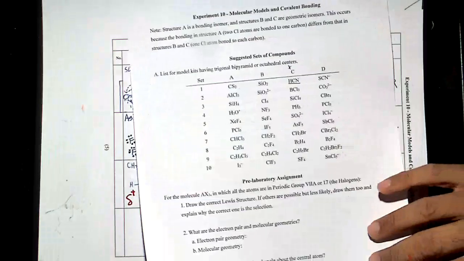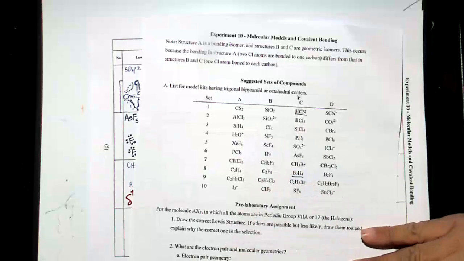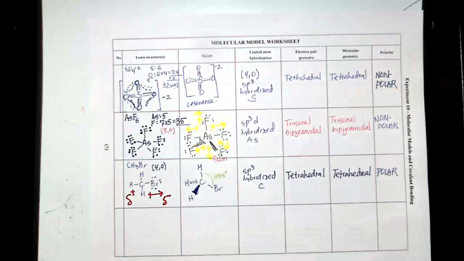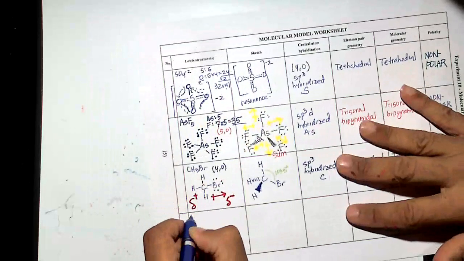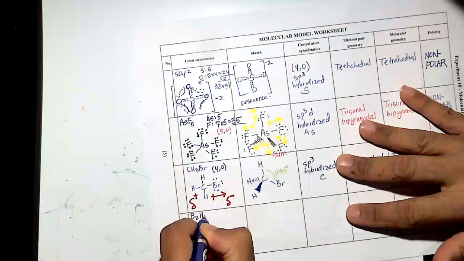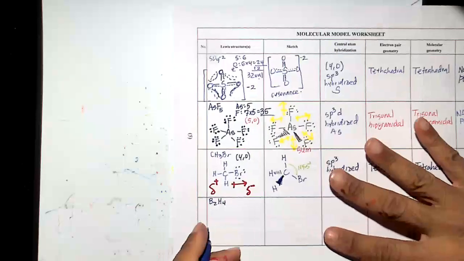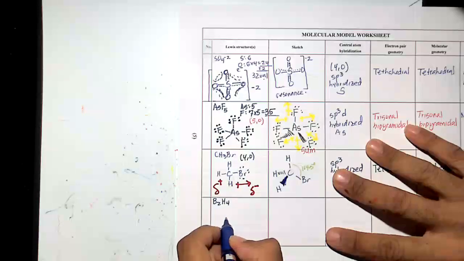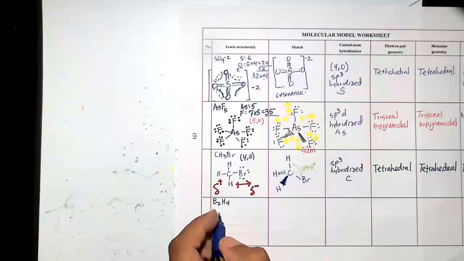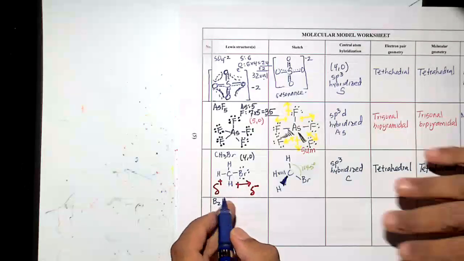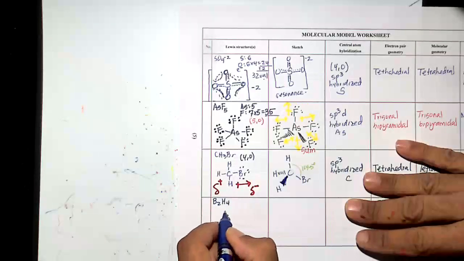All right, next one on our list is B2H4. Okay, what is boron happy at? Boron is happy at 3. And what is hydrogen happy at? 1.